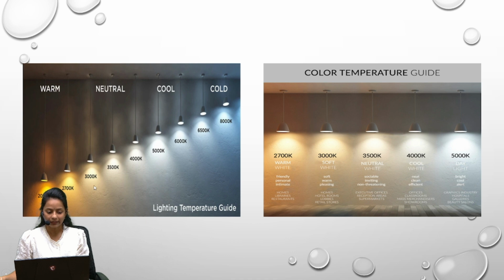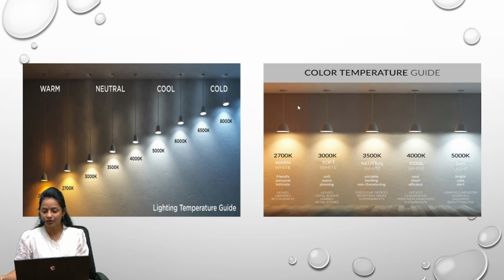Neutral is about 3000 to 3500 or up to 4000. Next, cool, from 5000 to 6500 or lesser than 6500. And cold, we can say 6500 to 8000. So this is how we can work with the light temperature. We can change the light color either by using the light temperature option or using the RGB value.